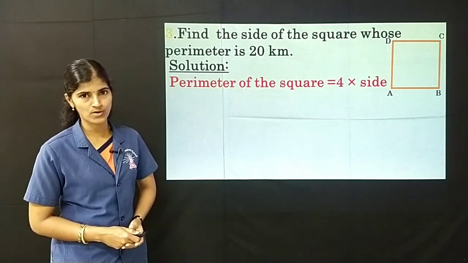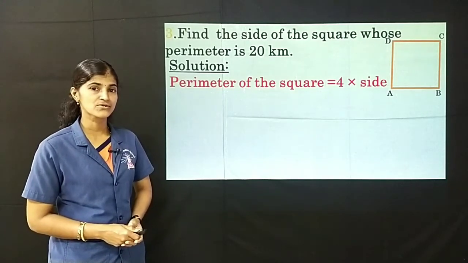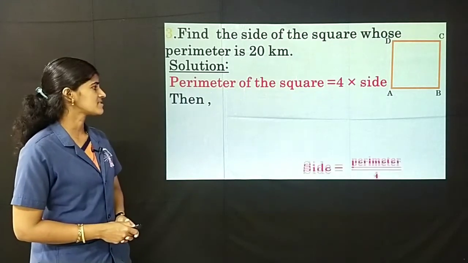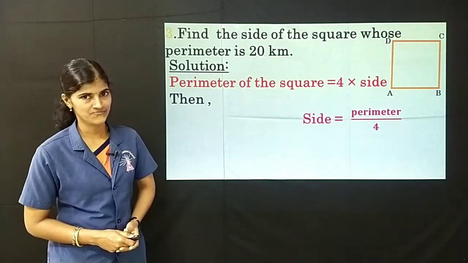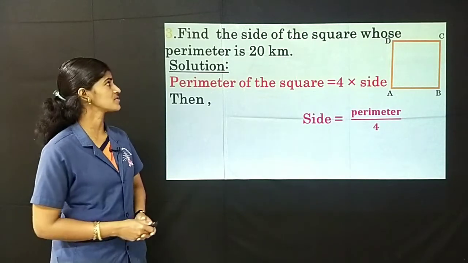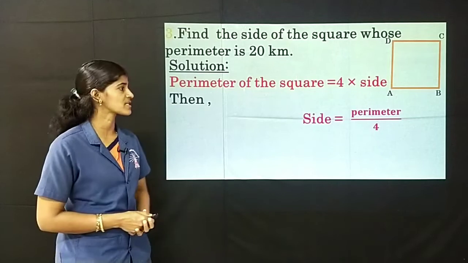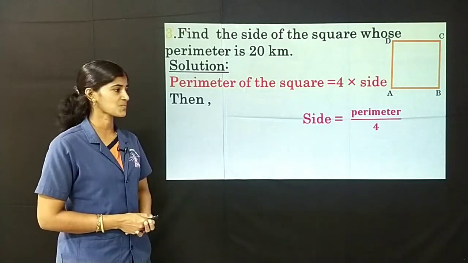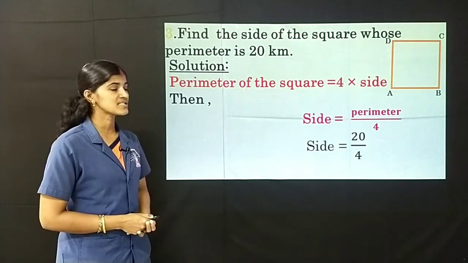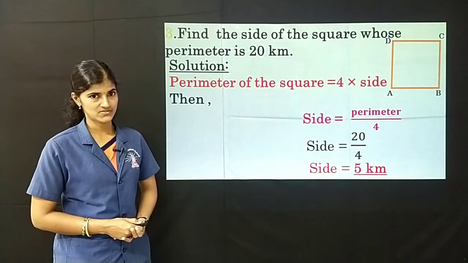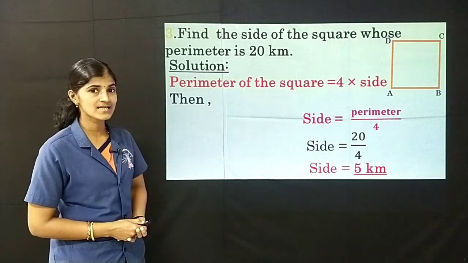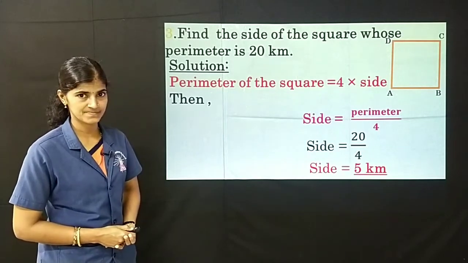So many to 1, directly we go with division. Side is equal to perimeter by 4. The perimeter of the square is 20 kilometer, so 20 by 4. The answer will be 5 kilometer. So that means the side length is 5 kilometer.